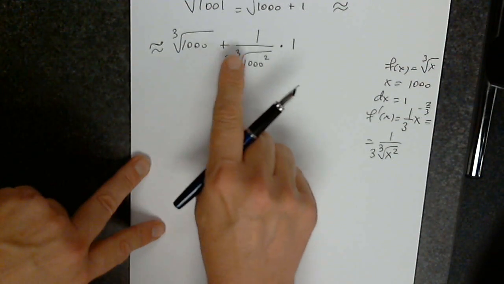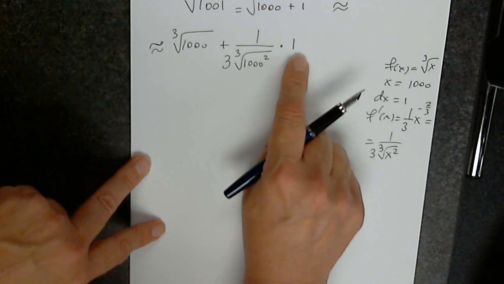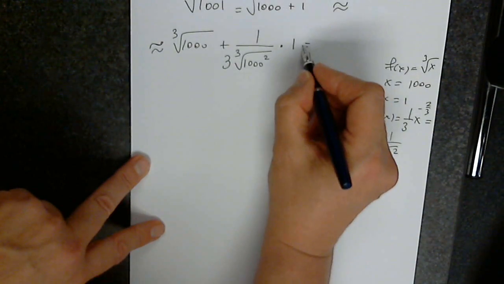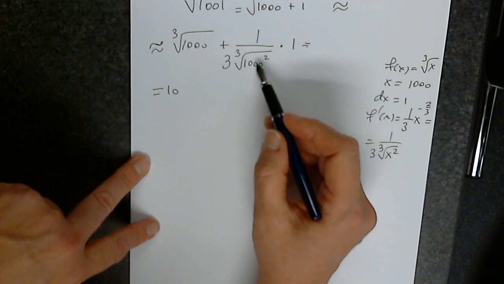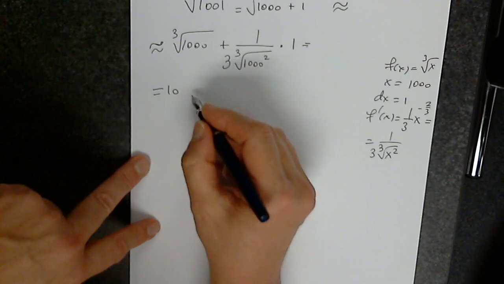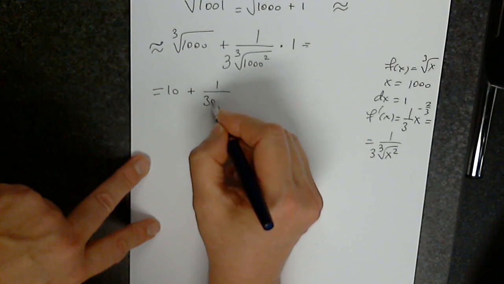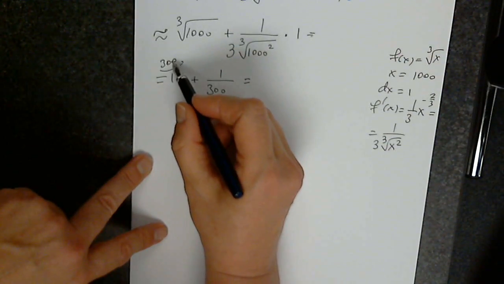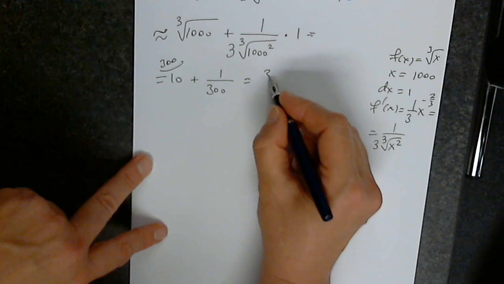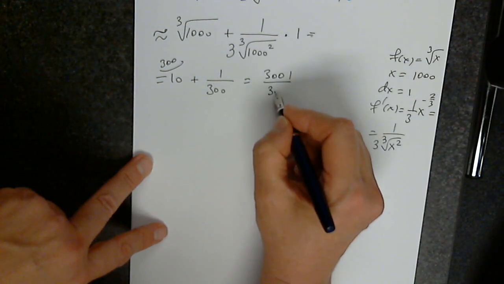So f of x plus f prime of x dx. The cube root of 1000 is 10, but I have two of those, 10 times 10. So this is plus 1 over 300, multiplied by 300. So 3000 plus 1, 3001 over 300.